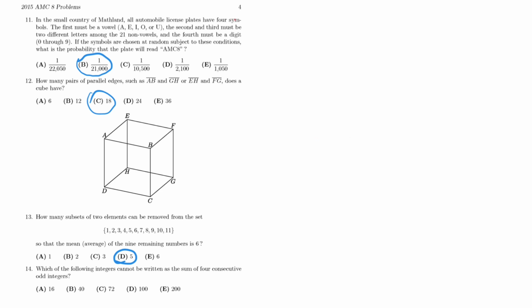So if the odd integer is 2n minus 1, the second will be plus 2. That's 2n plus 1, then 2n plus 3, and 2n plus 5. That's the 4 consecutive odd integers. We add them together.